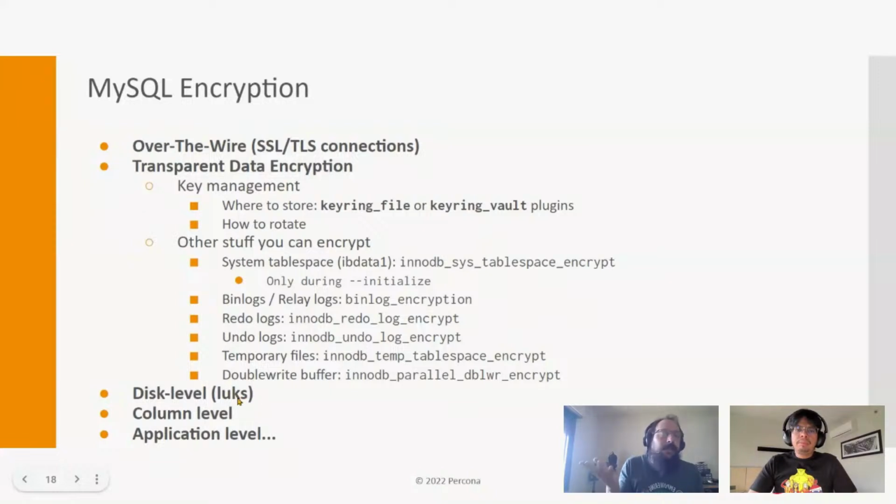I can't remember exactly what the acronym stands for, but it's basically the de facto industry standard for disk encryption in Linux. These make things very slow. That's all I'm gonna say. Like, it works, sure, and it's easy to implement because you just encrypt the disk and you don't have to do anything else.